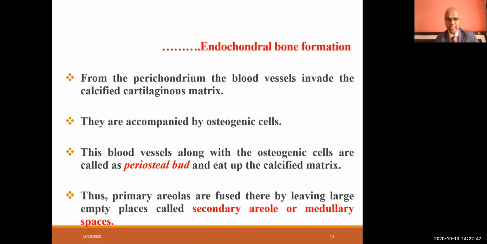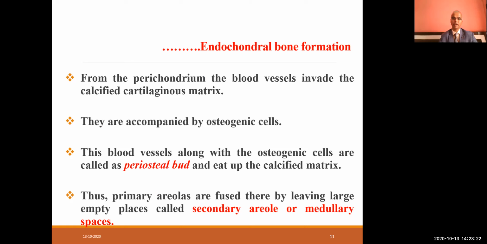After the calcification of the intercellular matrix and formation of primary areolae, from the perichondrium, the blood vessels invade the calcified cartilaginous matrix. They are accompanied by the osteogenic cells. These blood vessels, along with the osteogenic cells, are called the periosteal buds.